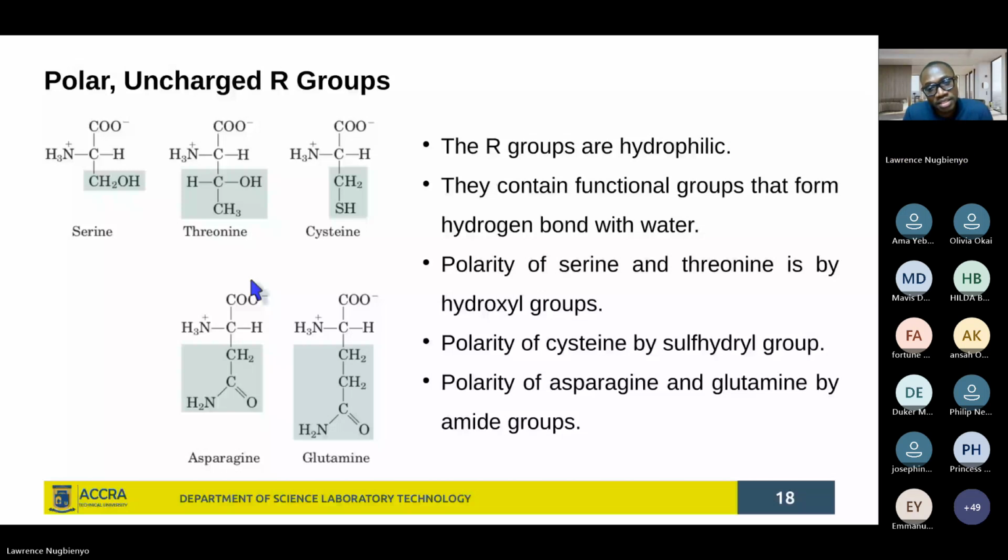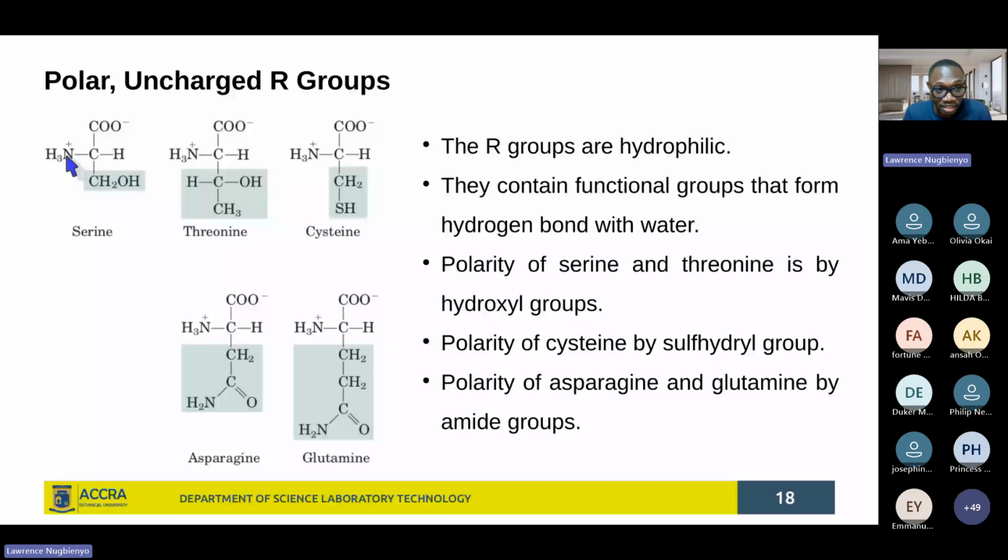But these side chains are not charged. The fact that they are polar doesn't mean they have some charge on them, because sometimes you can easily confuse that, since we are talking about the charges on the carboxylic acid group and the amine group carrying a positive charge.